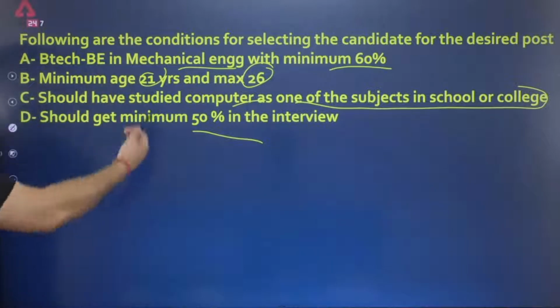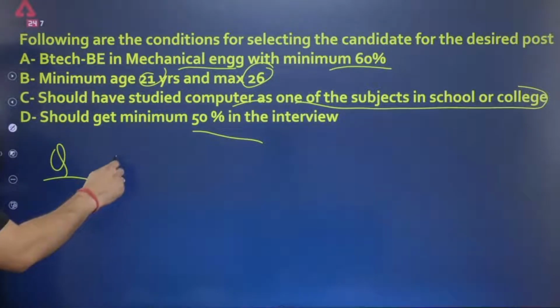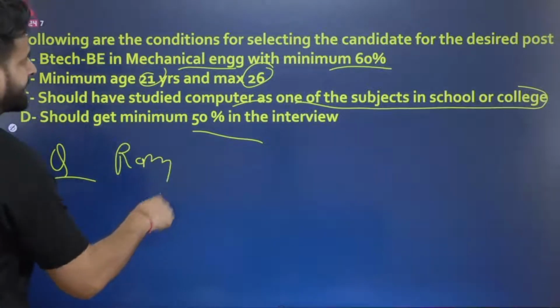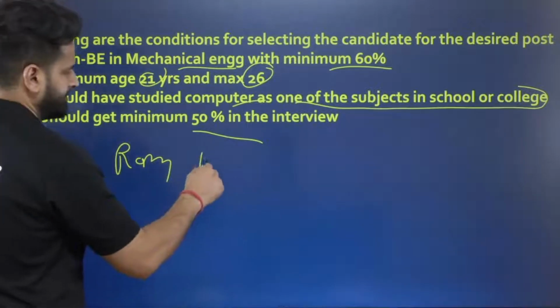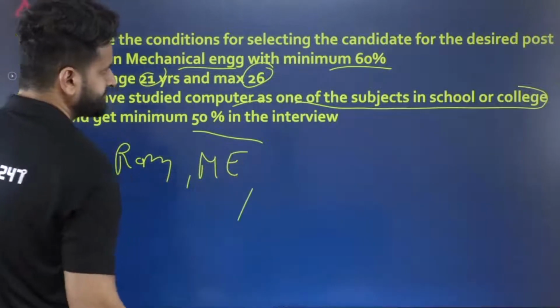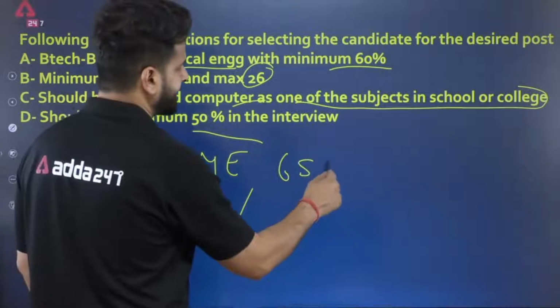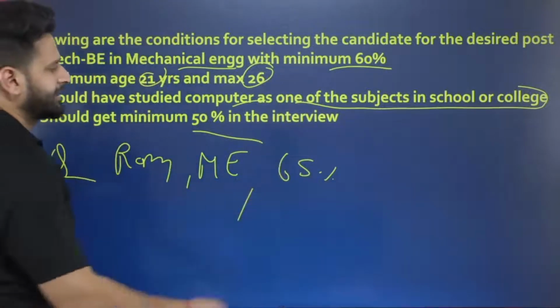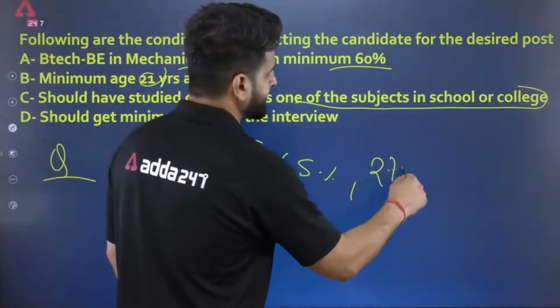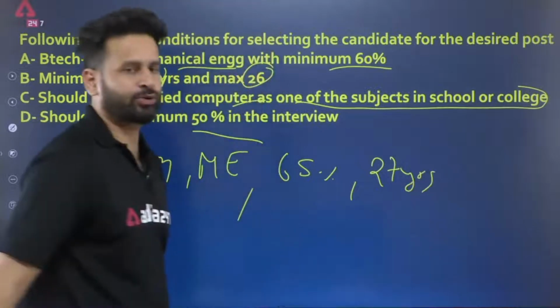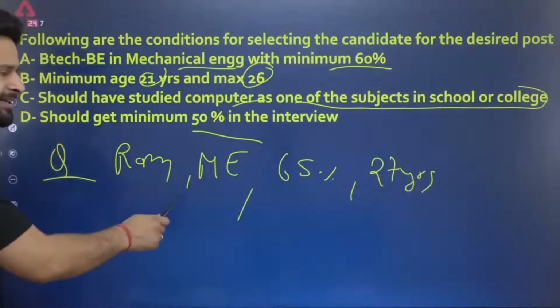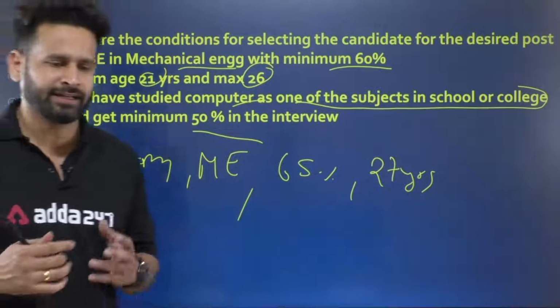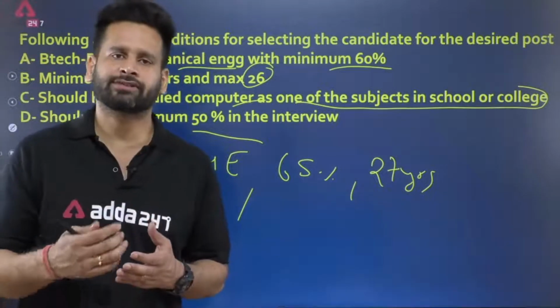Now a question will be given that there is a person Ram. Ram has done mechanical engineering, has scored 65% in graduation, and Ram's age is 27 years. Will this candidate be selected? This is basically a decision. What decision will you take?